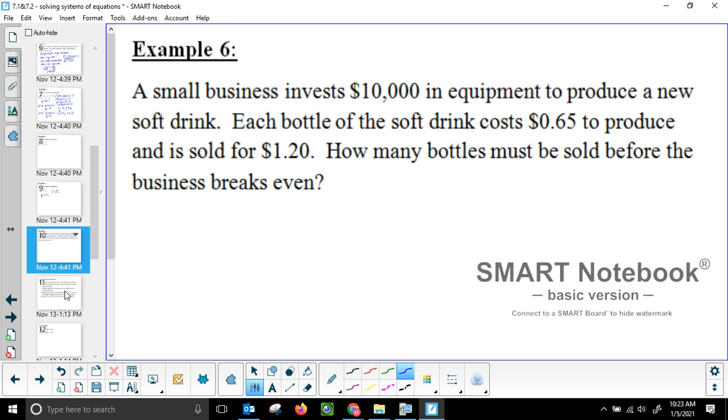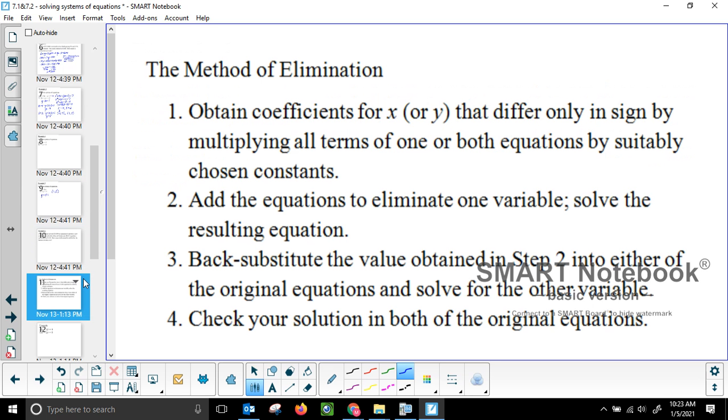We've already done one word problem. We'll go ahead and skip that one. All right, and we'll get to the elimination method. So the elimination method, basically what you want to do here is manipulate one or both of the equations such that one of the variables, typically x or y, have opposite coefficients.